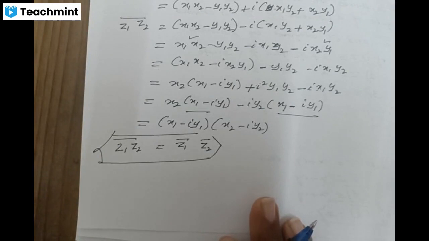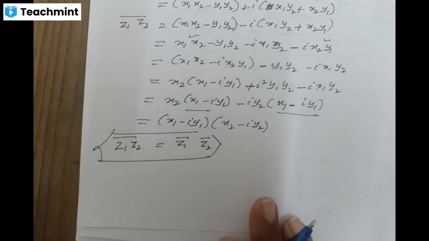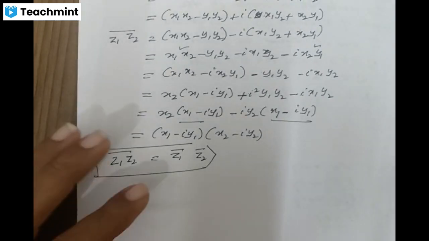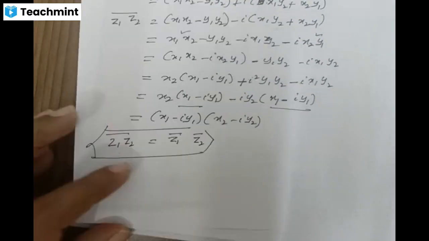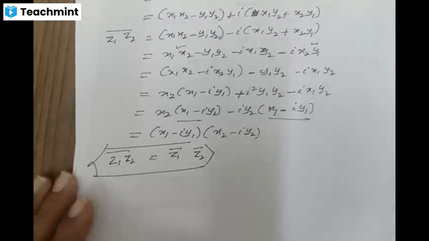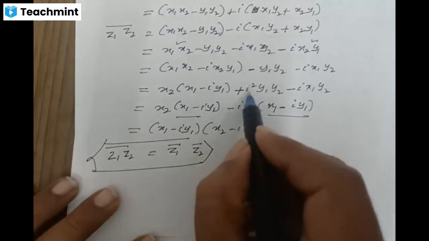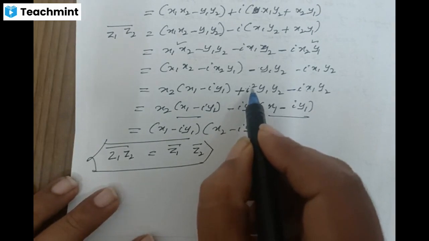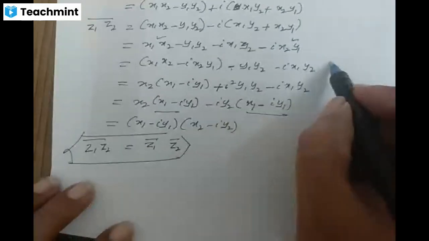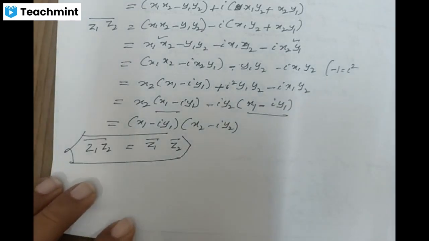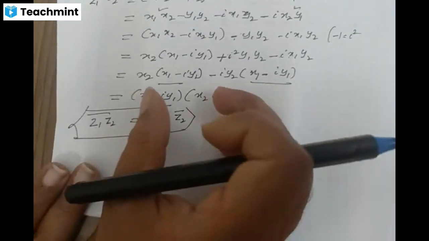Sir, where does the i square come from in the last third line? Yes, I see here minus 1 is there, so minus 1 I can write as i square, because I had to express this form.